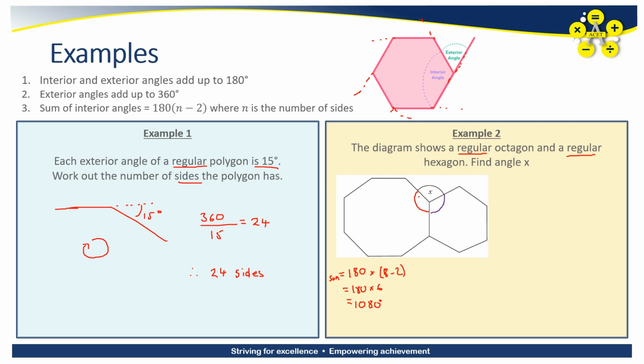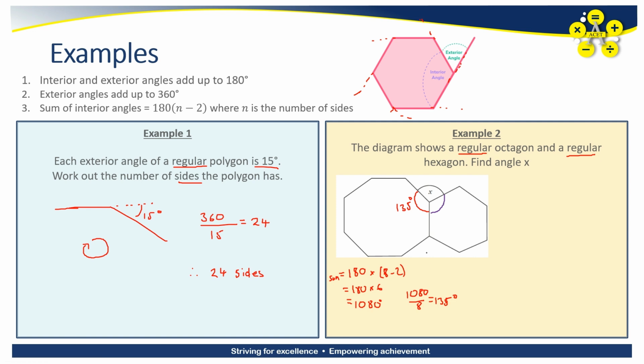Now that 1080 isn't just this one individual angle here, it's the whole thing. Because it's regular, it means that all sides are the same, so therefore all of those angles are the same. So to calculate this missing one here, I can do 1080 divided by 8, and that's going to tell me 135 degrees. So I know that this angle here is 135.